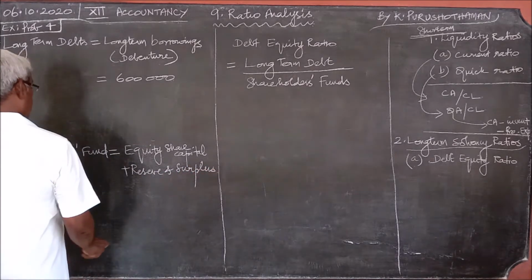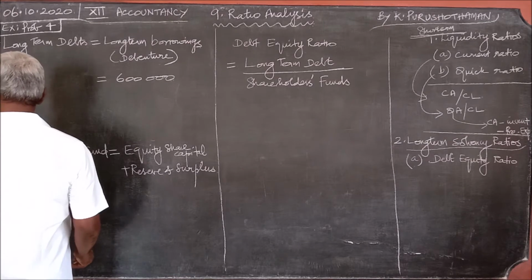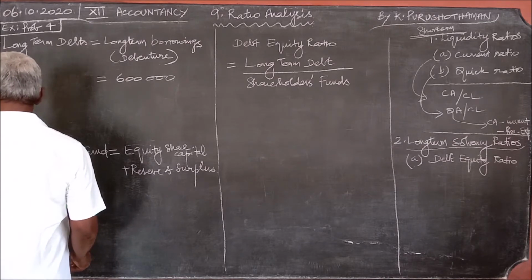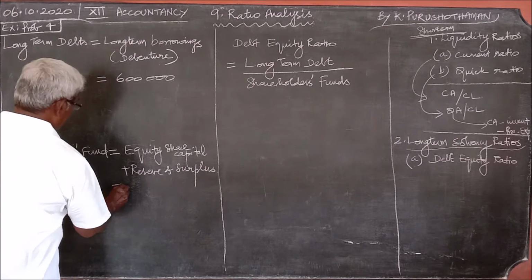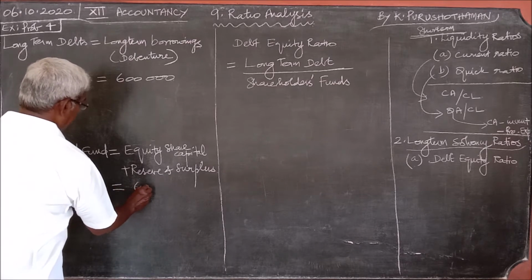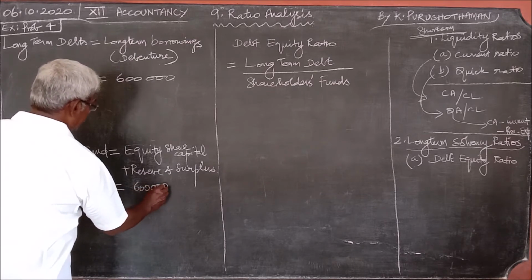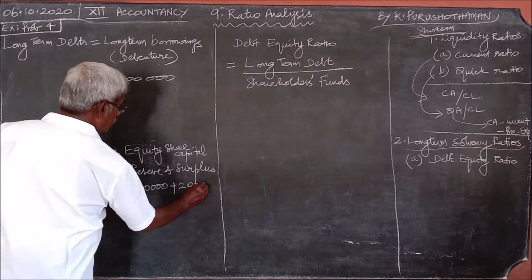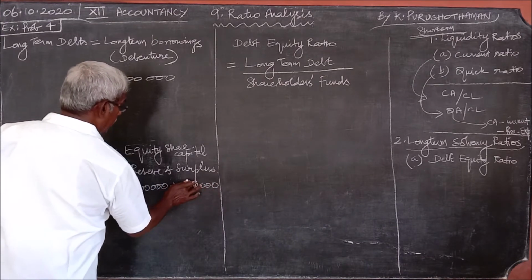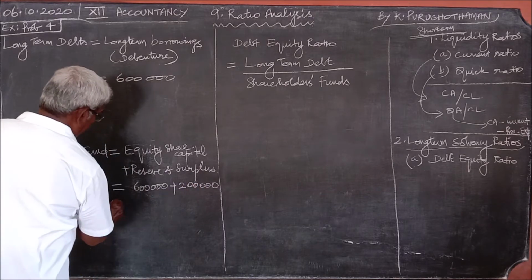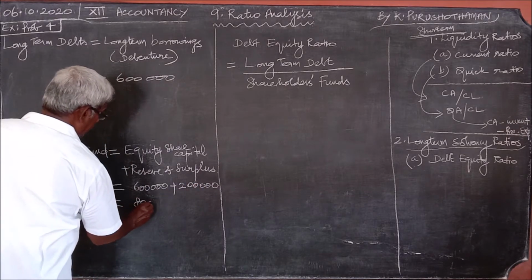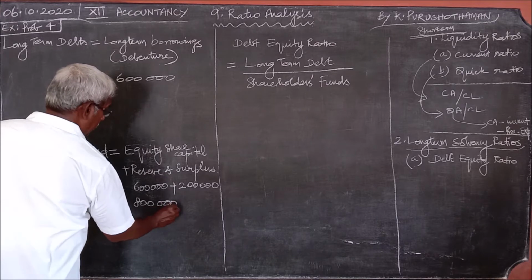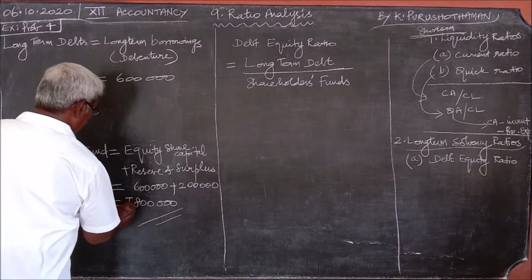What are the different types of shares? Only equity share capital, reserves and surplus. Equity share capital is 6 lakhs plus reserve and surplus 2 lakhs. So totally it comes to 8 lakhs.